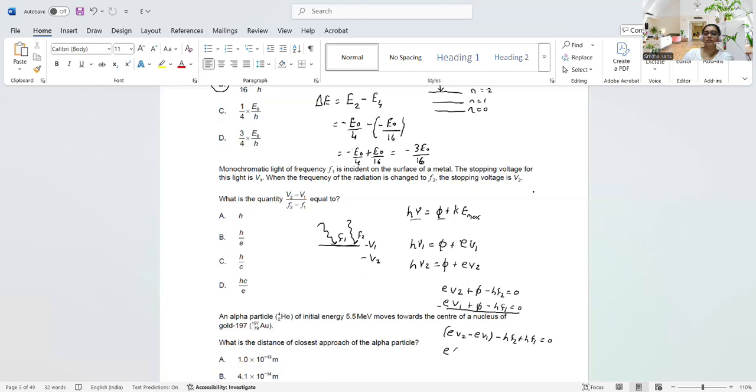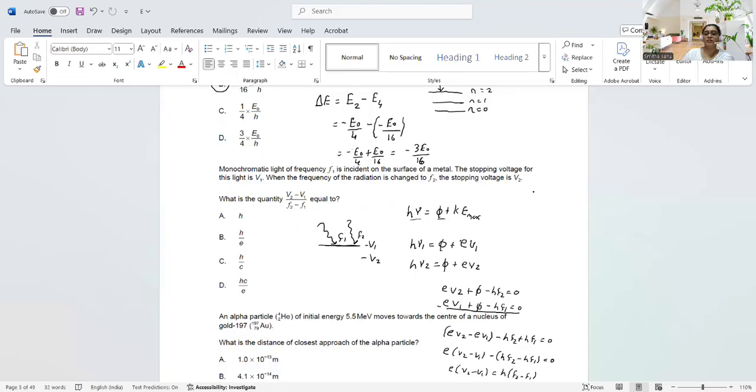I'll take e out, so it will be e times V2 minus V1 minus, if I take h out, h times F2 minus F1 is equal to 0. Take this on the other side, you will be getting e times V2 minus V1 is equal to h times F2 minus F1.